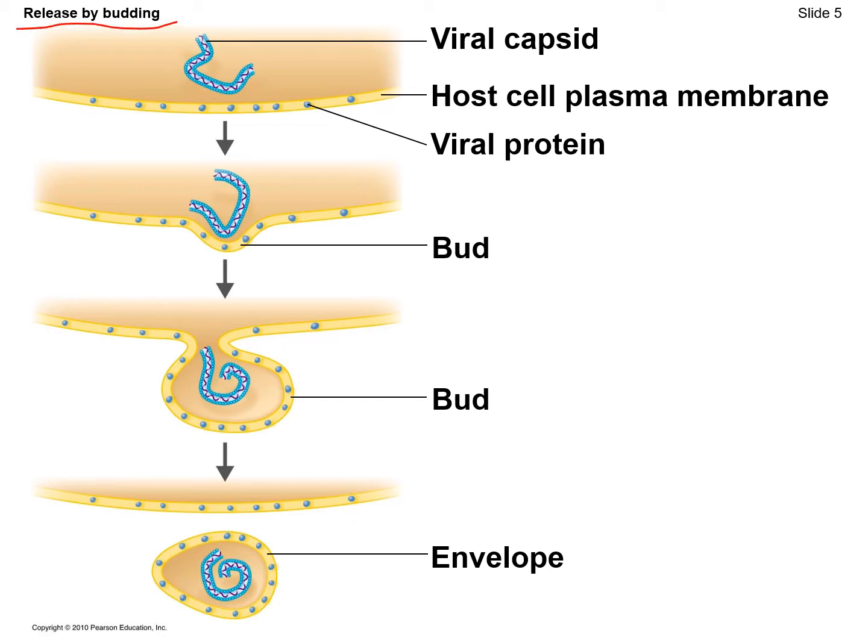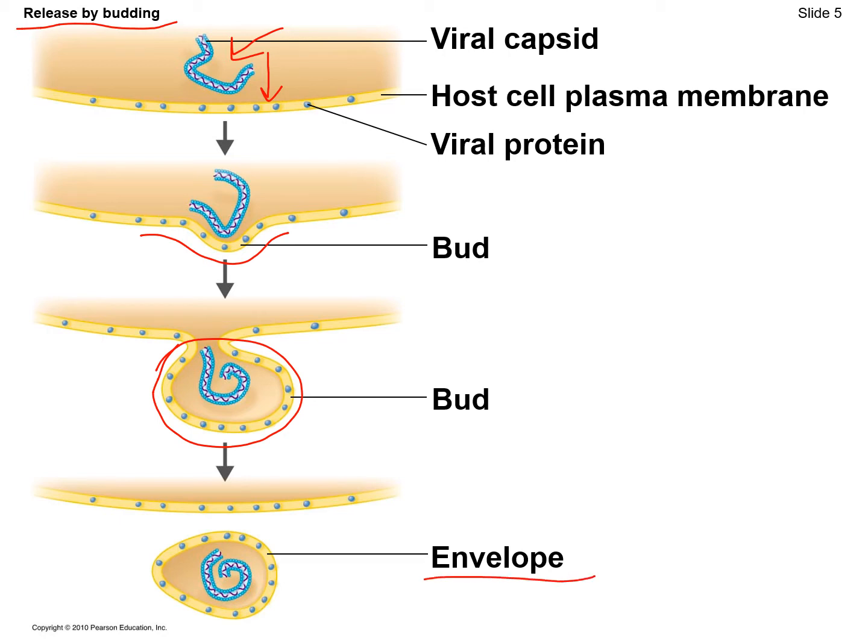At the end of maturation, you have the capsid that has been assembled around the nucleic acid. That capsid will be transported to the edge of the membrane of the host cell, and then that membrane will start to bud out. The membrane will bud out enough that you will pinch off a vesicle, and that is what gives rise to the envelope.